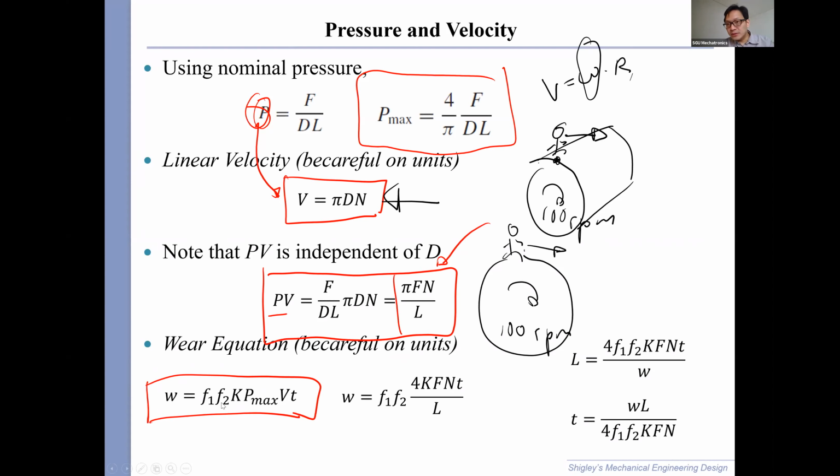F1, F2, I'll tell you about it. K is the wear coefficient. Pmax, Vt. Okay, so let me explain the formula first.